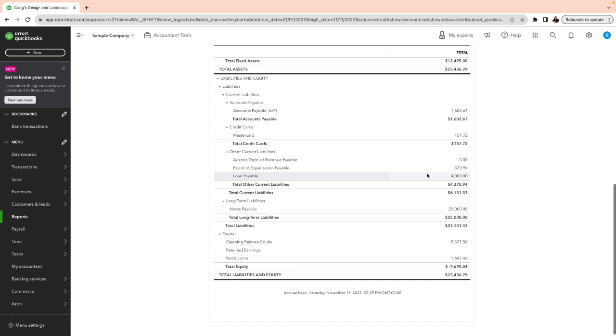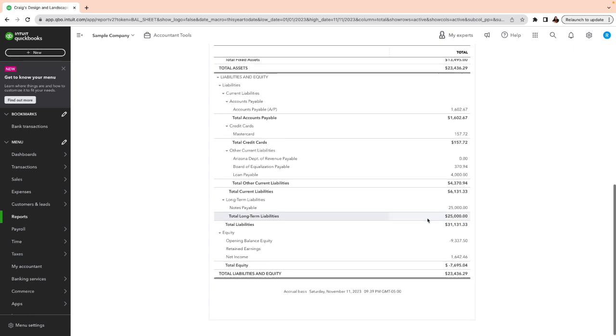Now, with other payroll services, you shouldn't see anything here in liability except for maybe a retirement plan or health insurance that you pay with another company. And then at the end of the day, once you pay that, you need to remove it from liability.